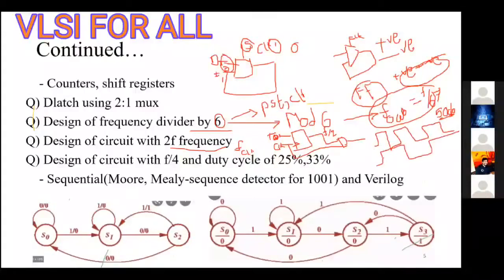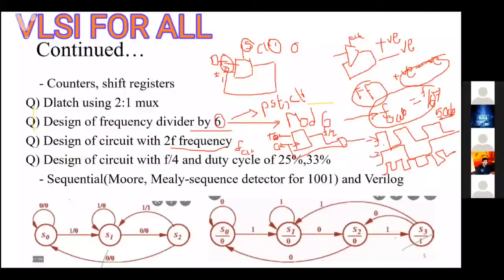Now in order to obtain the 2f frequency, the required output should be in this format. So using these two waveforms, how can you generate that? That is the main intention of this question.